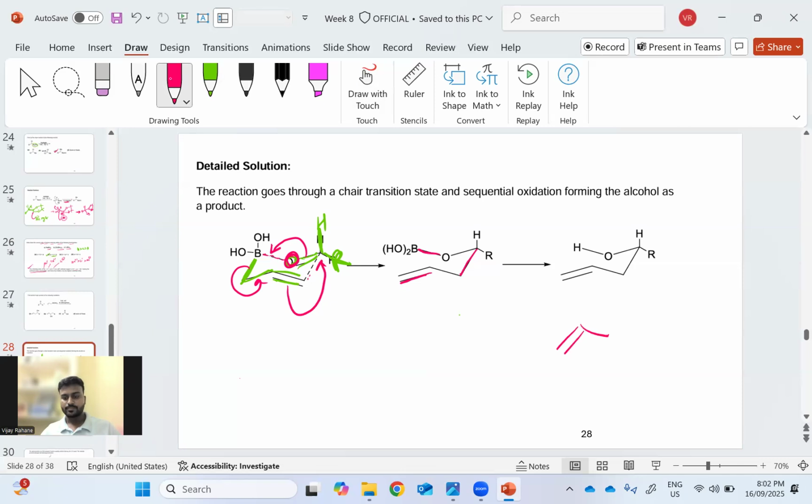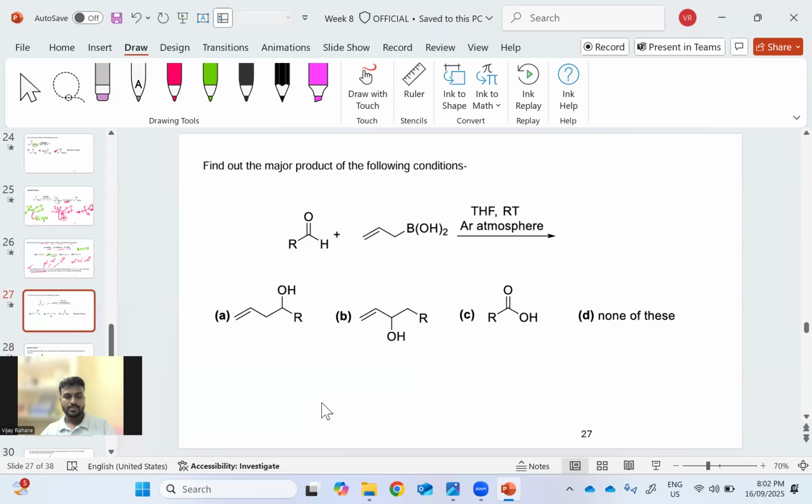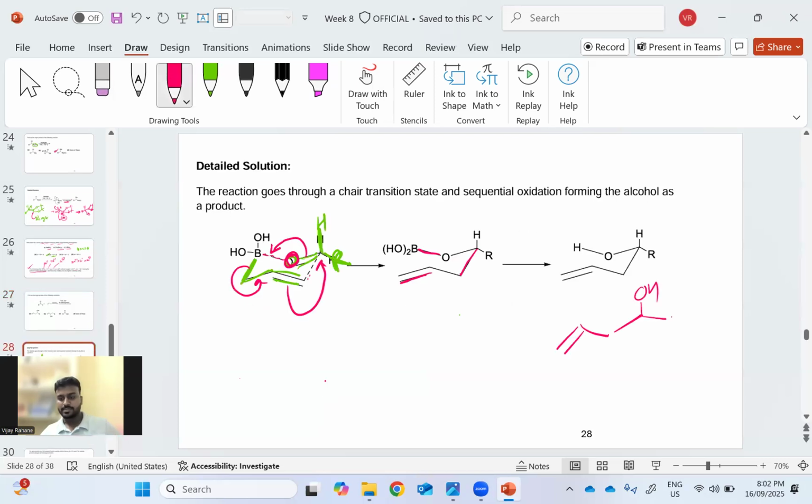Like this. From the starting material, those R groups remain the same.